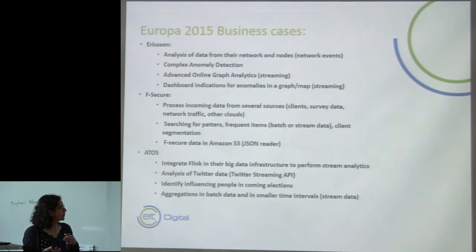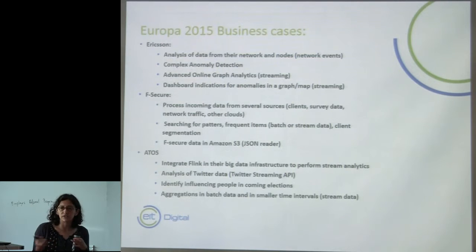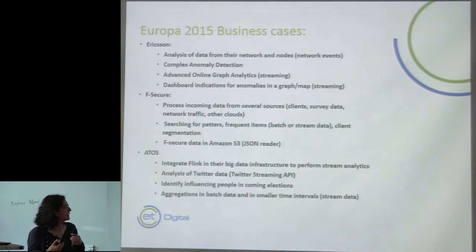They are very much interested in analyzing Twitter information in the coming elections in Spain. This is very interesting because it's real data, and they would like to combine this analysis with other sources of information like interviews, news, and so on.